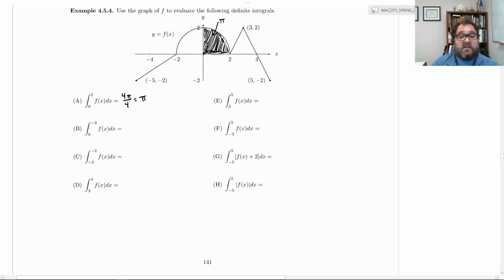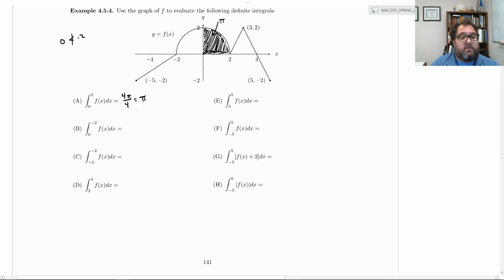Okay. Now what else do we have? The integral from 0 to negative 2. Notice that 0 is not less than negative 2. Remember, a needs to be the least value. Negative 2 is definitely to the left of 0.